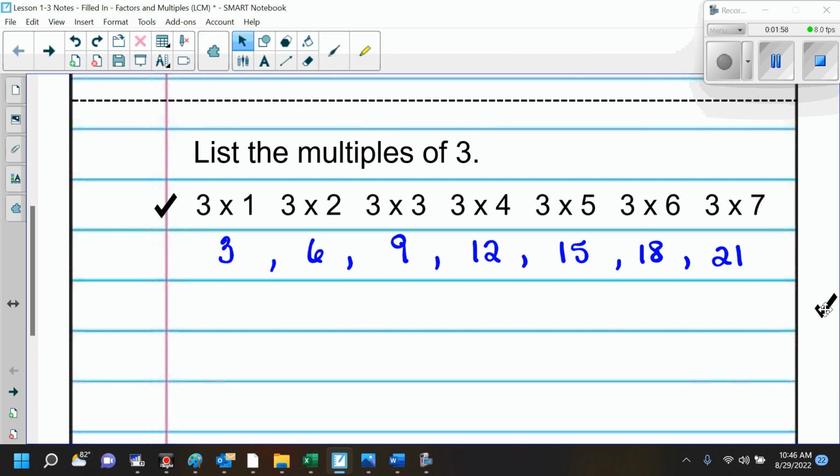I could do 3 times 9, 3 times 10, 3 times 11, and it goes on forever. So when you're listing multiples, they go on forever, right? When we were doing the factors of a number last class, it did not go on forever. We knew when we had to stop.